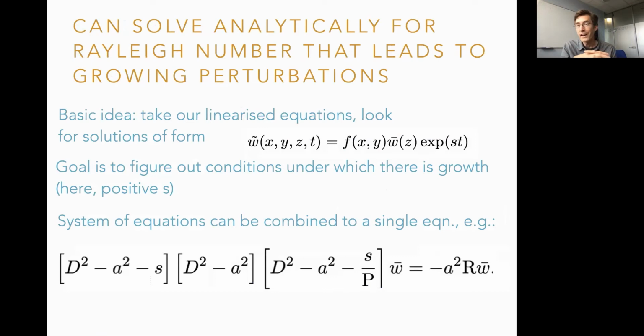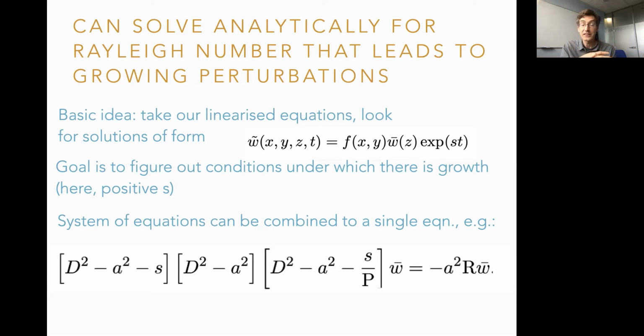If you write it down in this way, the goal would be to figure out the conditions under which those modes grow over time, so have positive growing s. Usually the name of the game with these things is to try to combine the system of equations down to a single equation that you can solve. In this example, D would be a differential operator in the z direction.